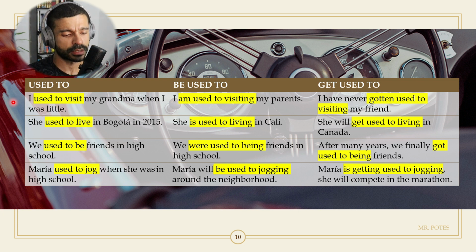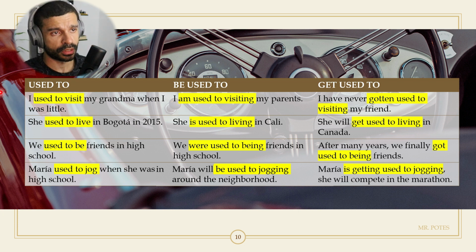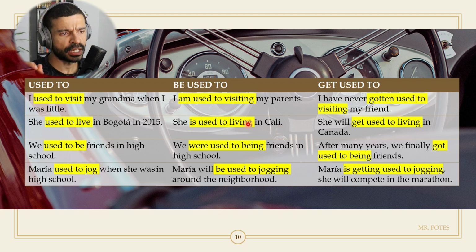So the one that stands aside from the other two is used to, because after used to we have the base form of the verbs always. In contrast, be used to and get used to use an ing form, a gerund form of the verb, or they use an actual noun. That is the main difference.